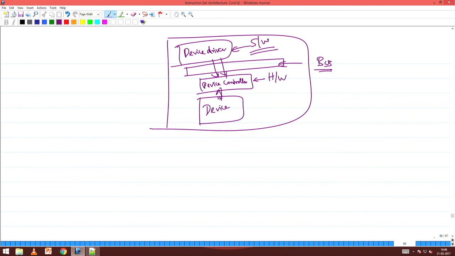Now these device controllers have become so powerful that they can do a lot of activities inside them. For example, if I take a graphics card, it can do the complete hidden surface elimination just like this. So these are all becoming sort of commodity products.